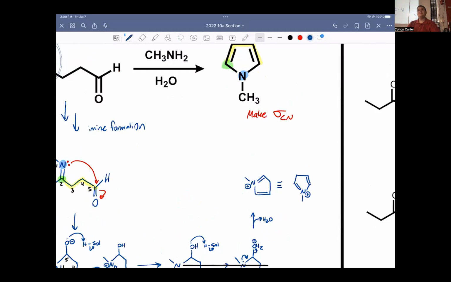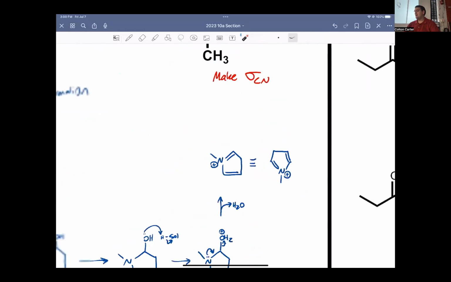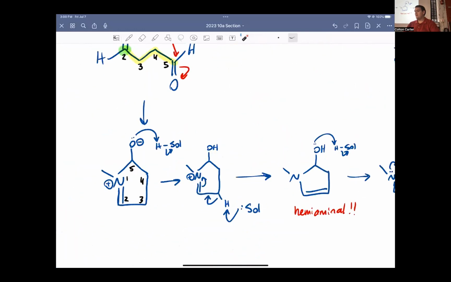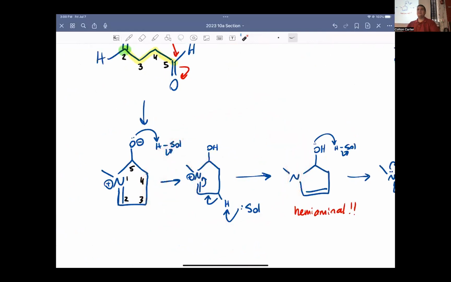Oh, you were just working through it. Proton transfer. Well, how would a proton transfer? What is the thing that would take a hydrogen, and here there's no hydrogen to take off? What's the thing that we did earlier when we had the same situation? What do we call that? An alpha deprotonation.